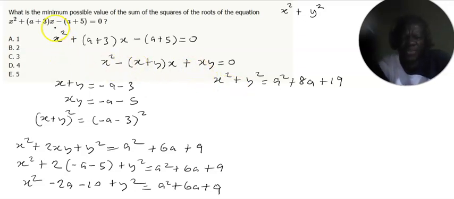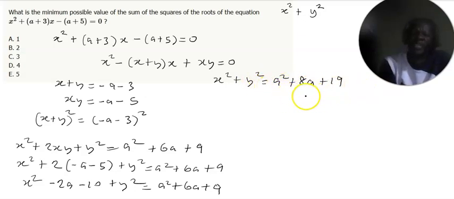The question is asking us to find the minimum possible value of the sum of the squares of the roots, so the minimum possible value of x squared plus y squared. Since x squared plus y squared equals a squared plus 8a plus 19, we are meant to find the minimum value of this quadratic. There's another formula that we need to use here, the formula that shows the vertex of the parabola.